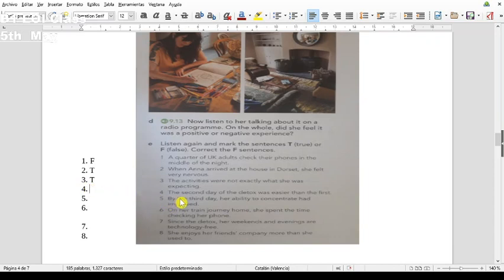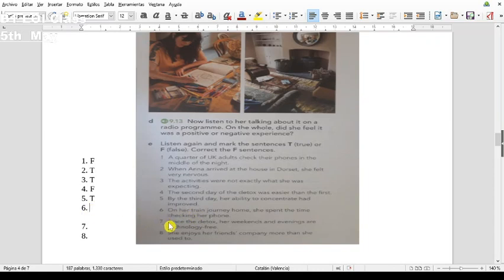Number 4, the second day of the detox was easier. No, it's false. The second was more difficult because she felt disconnected and lonely and burst into tears. Number 5, by the third day, her ability to concentrate had improved. Yeah, she could concentrate more easily.